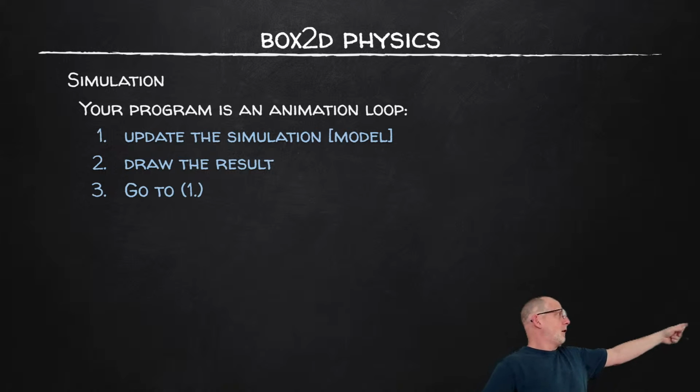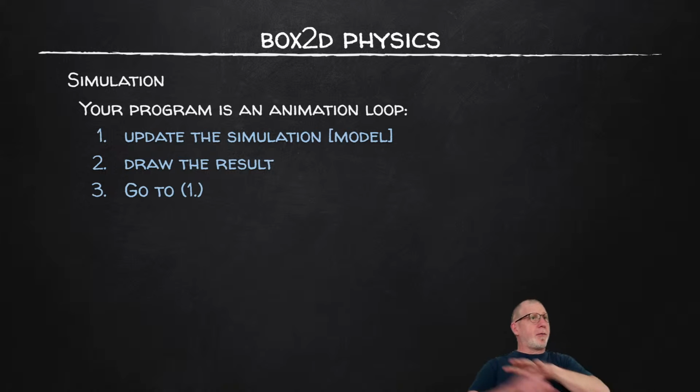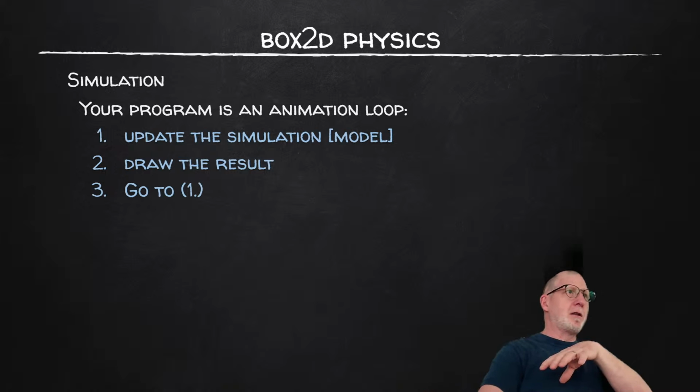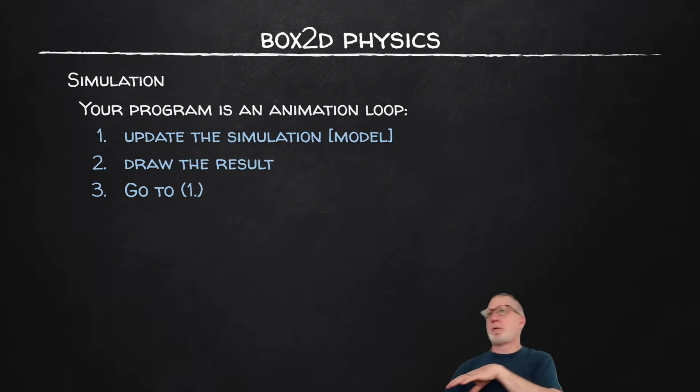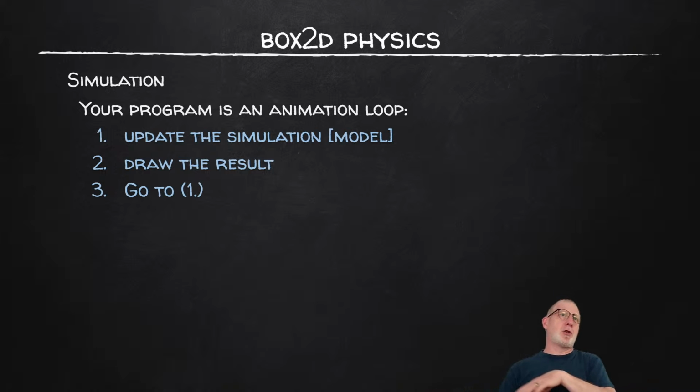And then you're going to update the simulation by telling the world to simulate a little bit of time. And then you're going to walk through all your game objects, and they all have a reference to their model part, the rigid body in Box 2D. And you're going to ask them, hey, where are you now? Right. And from that, you're going to render where those things are.